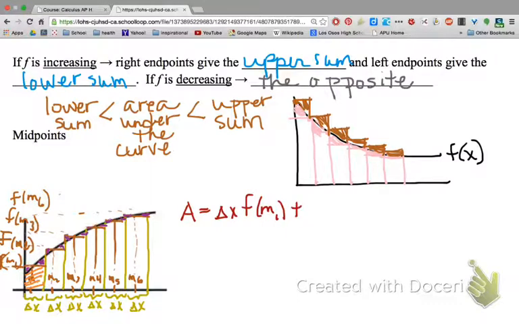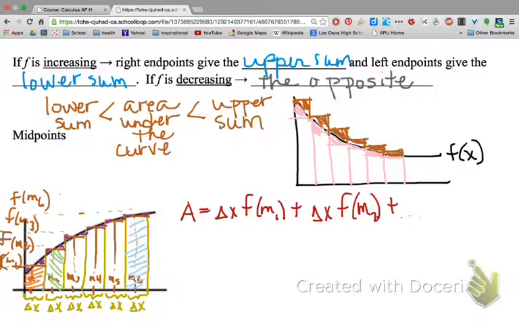And for the second rectangle, I'm going to shade it in right here. So again, the width is delta x, but the height is f of m2. And I have a feeling you're starting to catch on. So dot, dot, dot.